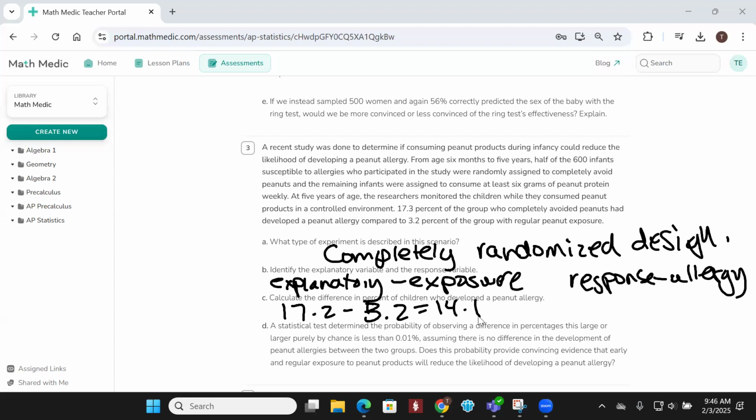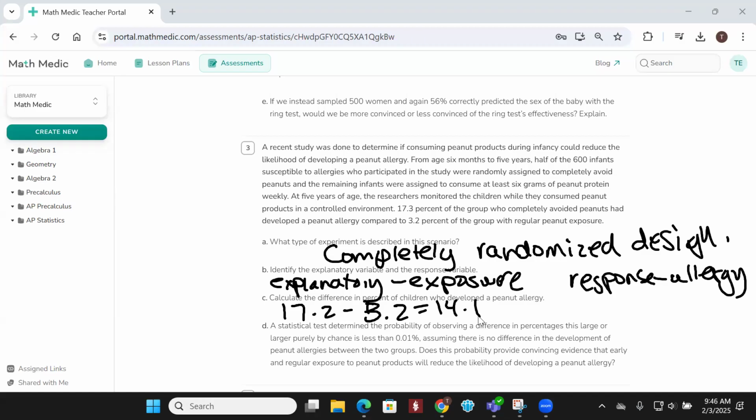All right, everybody good on ABC? A statistical test determined the probability of observing a difference in the percentages this large or larger purely by chance is less than 0.01, assuming there's no difference in the development of peanut allergies. Sorry.